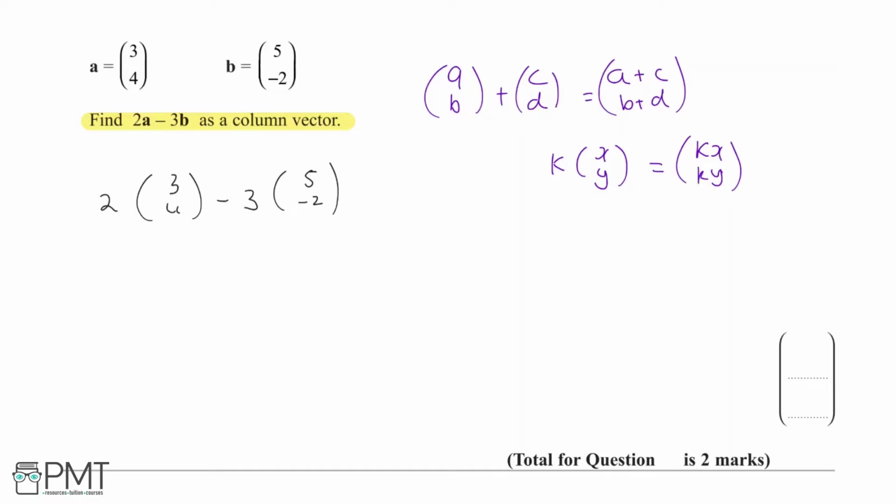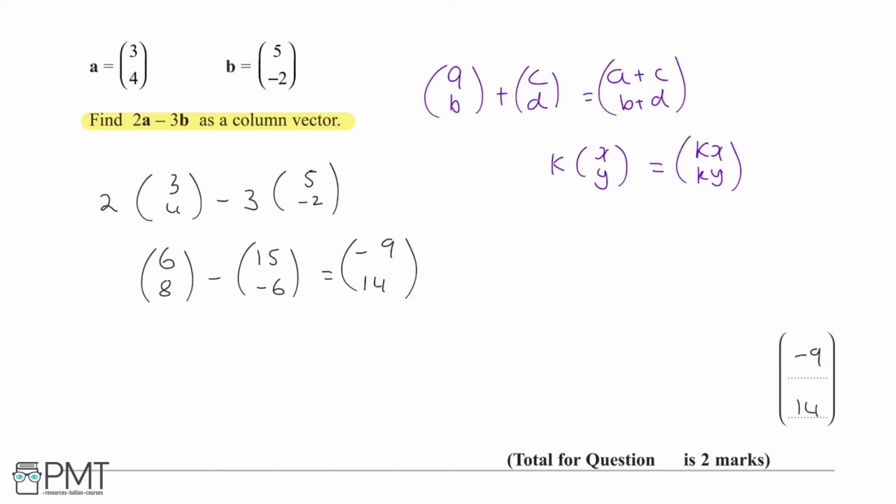So 2 times 3 is 6, 2 times 4 is 8, minus 3 times 5 is 15, 3 times minus 2 is minus 6. 6 minus 15 is minus 9. 8 minus minus 6 is 8 plus 6, which is 14. So we can fill it in here, minus 9 and 14.